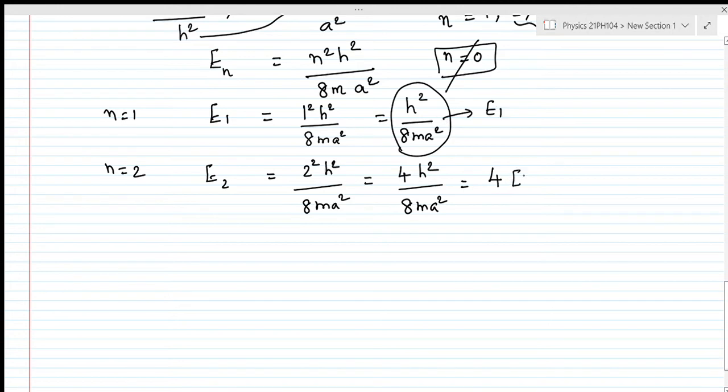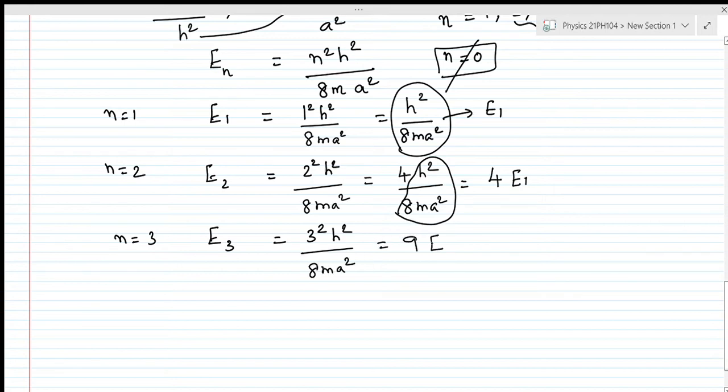Therefore 4E1 can be written here. Similarly, n is equal to 3, you get E3 is equal to 3 square h square divided by 8ma square, that is 9E1, and so on.